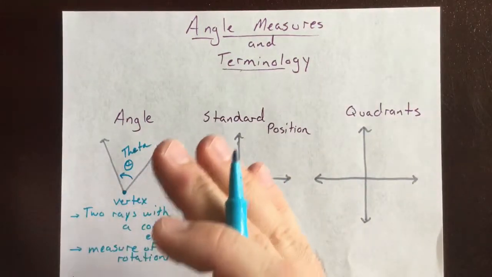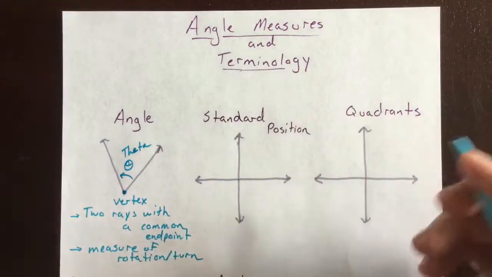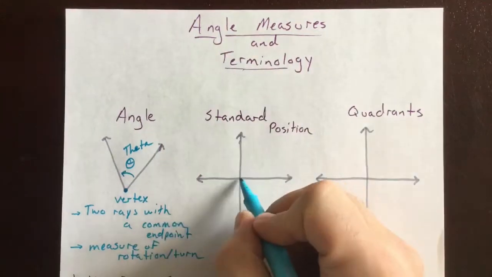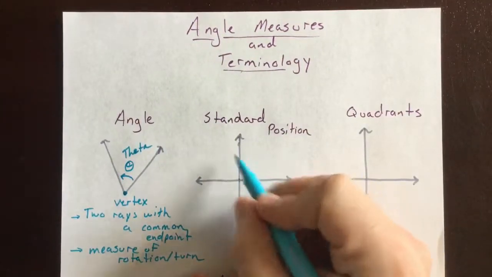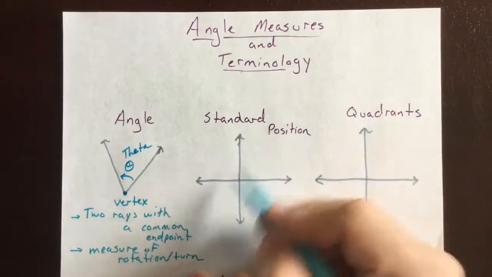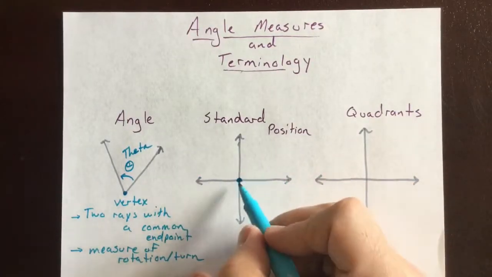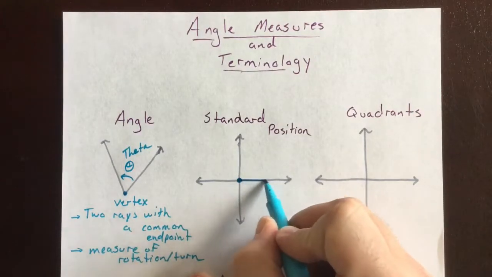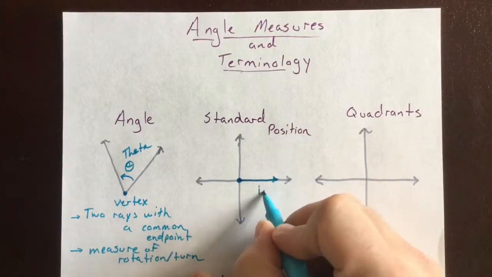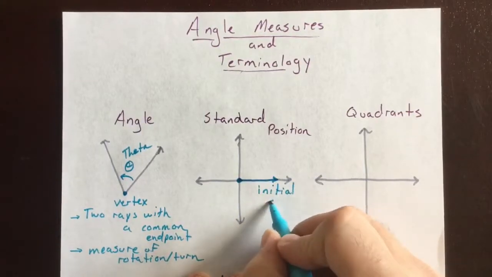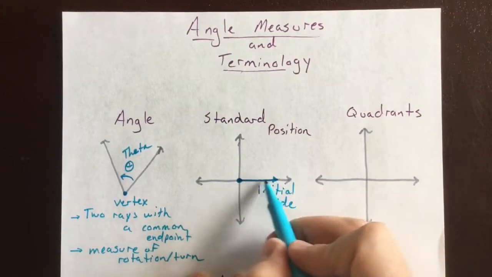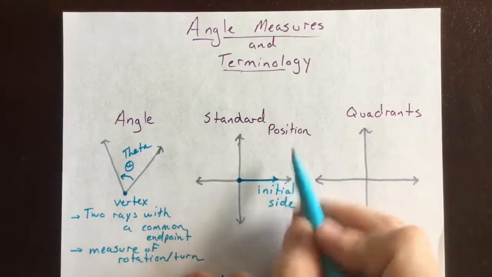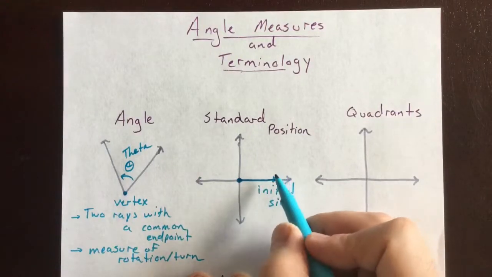So when we say to put an angle in standard position, what are we actually talking about? The vertex, on an XY axis, will be placed on the intersection of the two. And what we consider to be the initial side, the base of the angle, will lay along the x-axis, always in this direction.